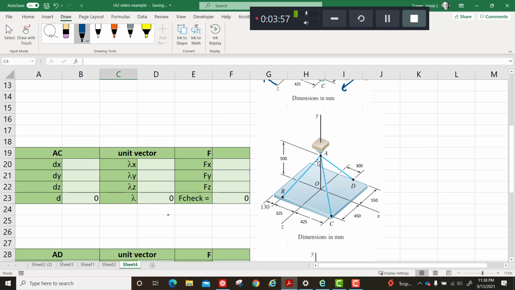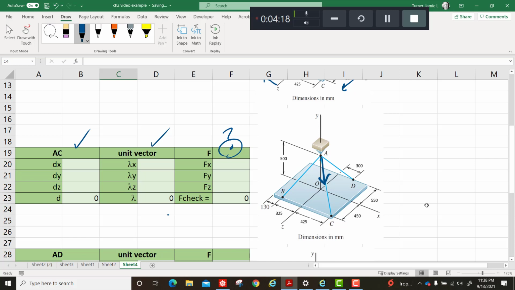Start with what you do know. We at least know the dimensions of this thing. So for AC, we can at least fill in the lengths of the cable and the unit vector, even though we're still having to figure out what that force is. But we can at least get a little bit of a start on this thing.